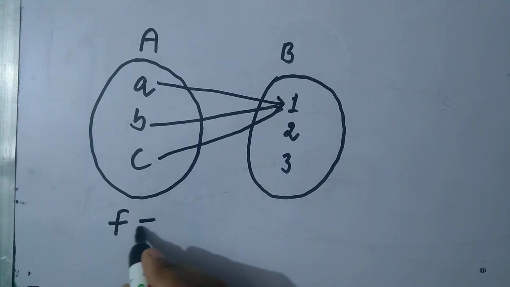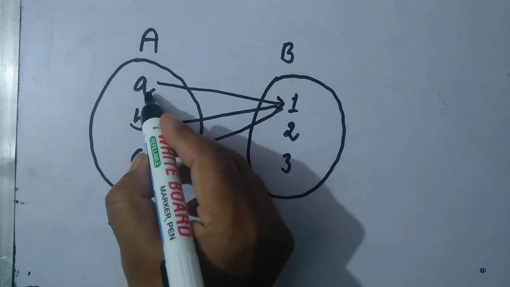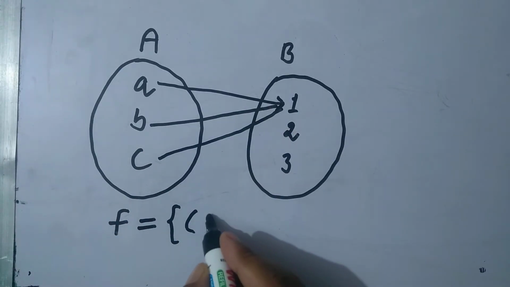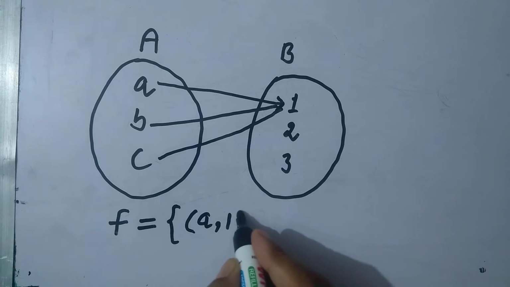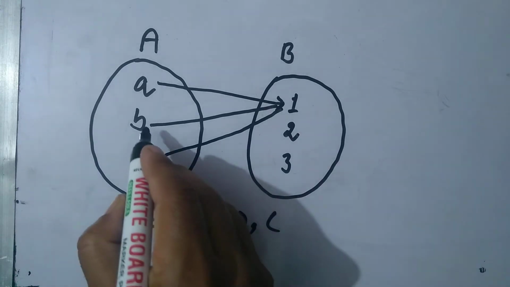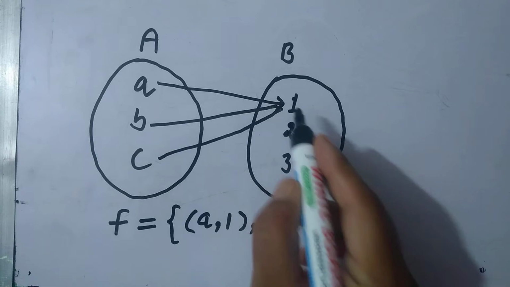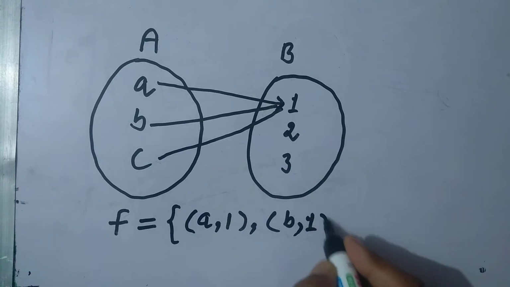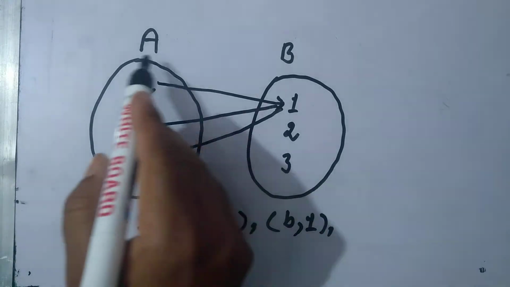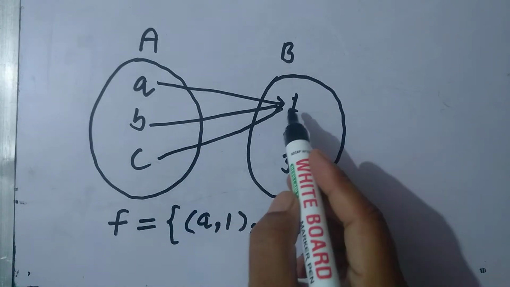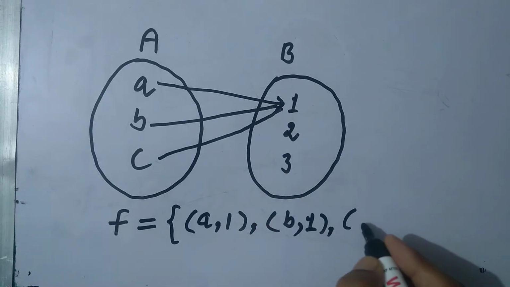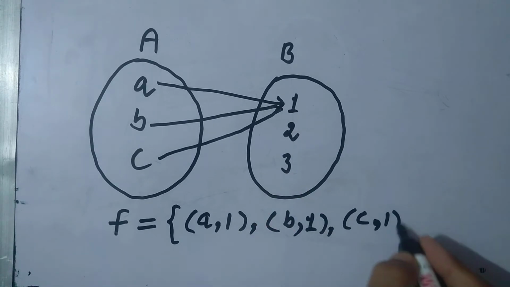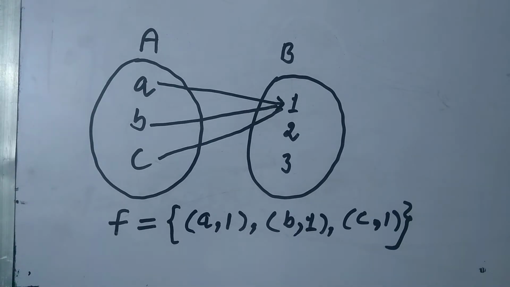This is also a function because A has a unique image. The image of A is 1. B has a unique image, one and only one image of B is there, and which is 1. Again, C is an element of set A. It has again one and only one image, that is C, 1 is the ordered pair. So this is also a function. This is also one example of a function.